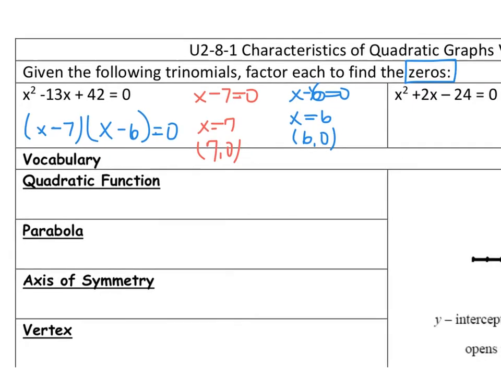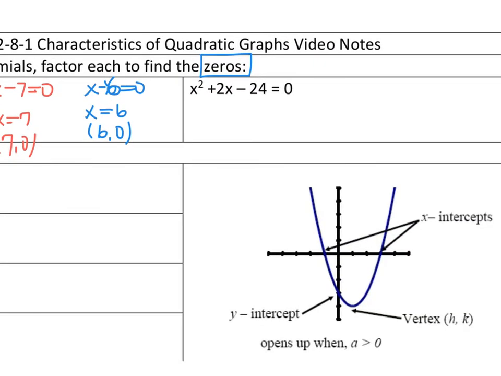So let's go ahead and factor x squared plus 2x minus 24. Again, when y is equal to 0, I want to know what x equals, and that is going to tell us the x-intercepts. Another name for the zeros is the solutions or the x-intercepts. So I need factor pairs of negative 24 that add up to 2, and that would be x plus 6 and x minus 4.